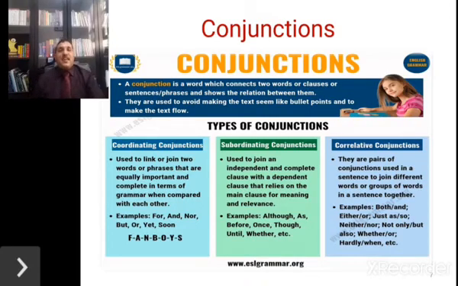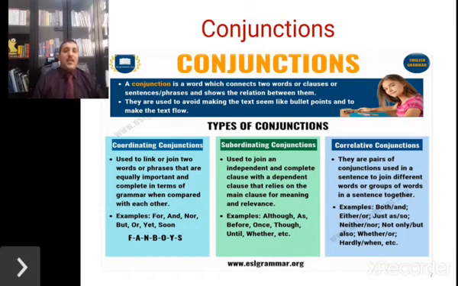To remind you, we use coordinating conjunctions to link or join two words or phrases that are equally important and complete in terms of grammar when compared with each other.